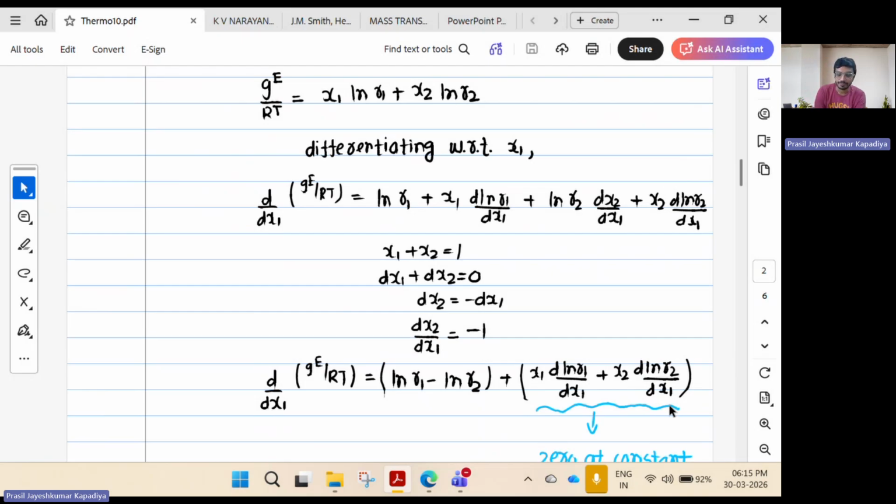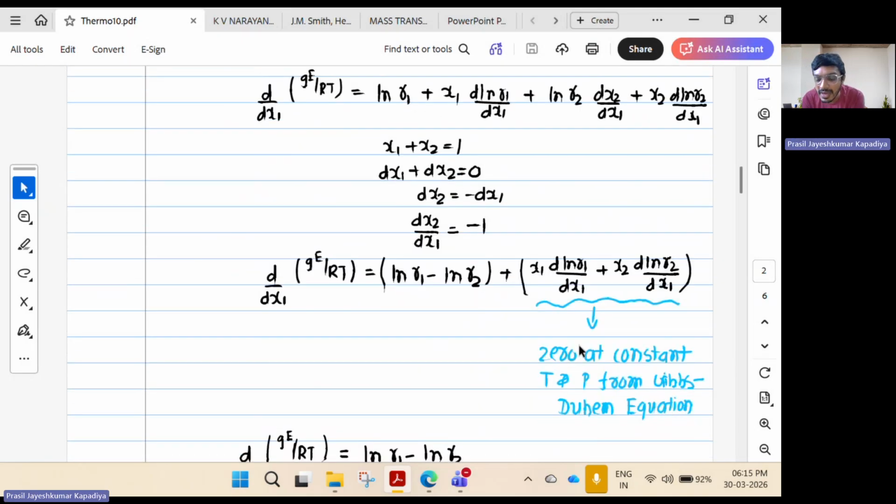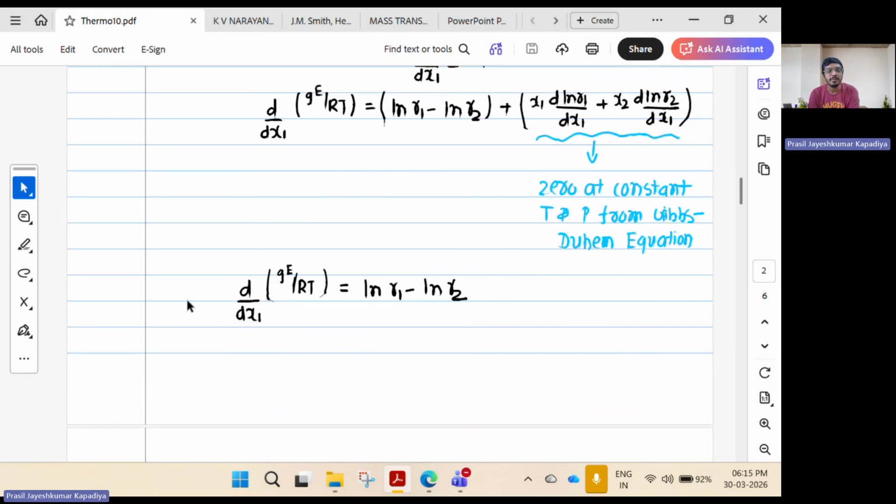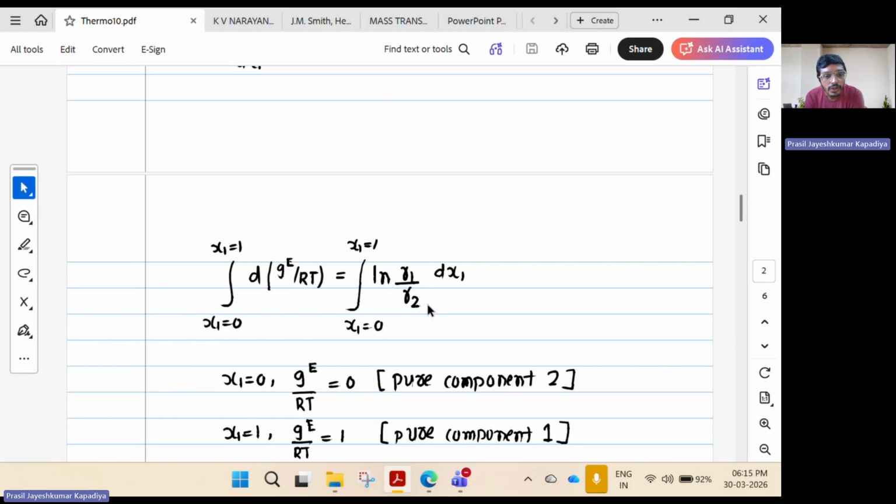Now, when we are dealing with constant temperature and pressure, from the Gibbs-Duhem equation we know that x1 d ln gamma 1 by dx1 plus x2 d ln gamma 2 by dx1 should be equal to 0. So we are only left with d by dx1 of G by RT equal to ln gamma 1 minus ln gamma 2.